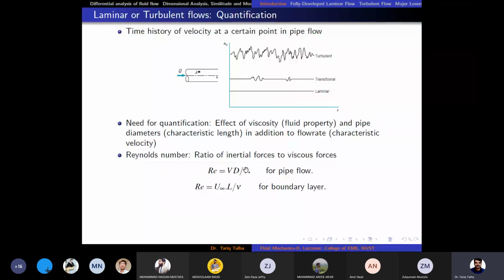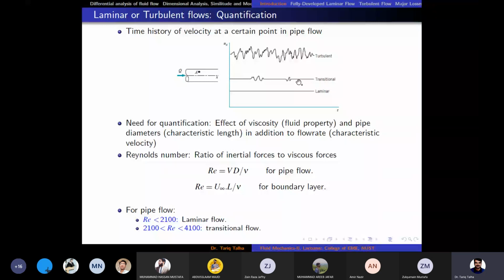For the pipe flow, if the Reynolds number is less than 2000 or 2100, it is characterized as laminar flow. If it is between 2100, or 2000, and 4000, it is termed as transitional flow. Laminar flow is this straight line.